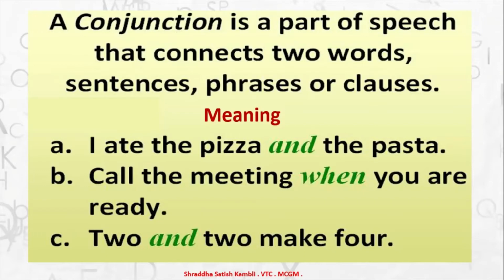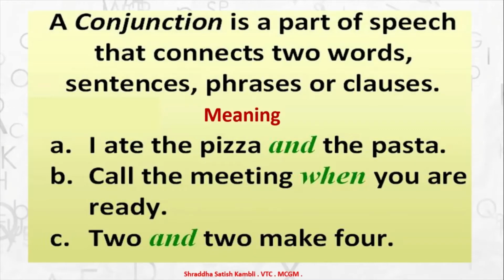You can say that I have connected two sentences also. For example, if I had written, I ate the pizza, I ate the pasta, I have written two separate sentences, isn't it? I have written I ate the pizza as one sentence, I ate the pasta as a second sentence, and then I am combining these two and I am writing I ate the pizza and the pasta.